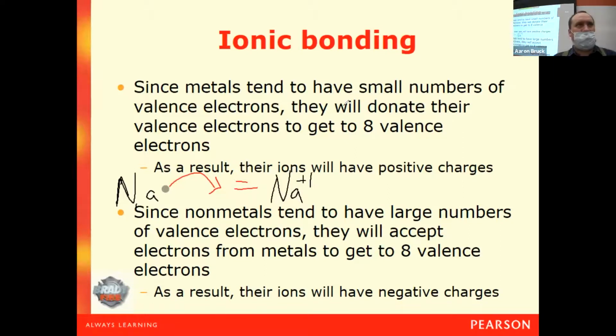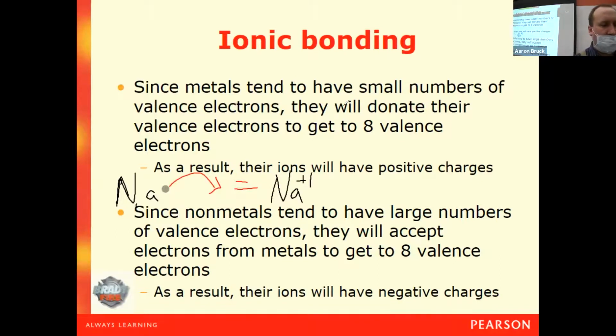If I go from 11 protons and 11 electrons to now 11 protons and 10 electrons, that's where I get my +1 charge. Remember, we did some examples of that about a week ago. So that's what happens in sodium.